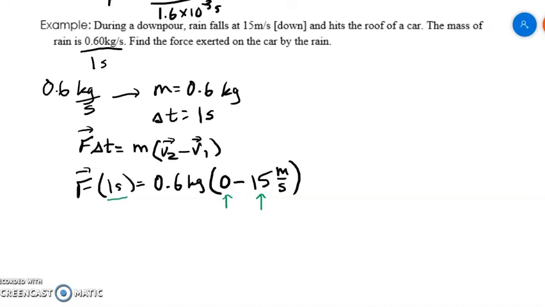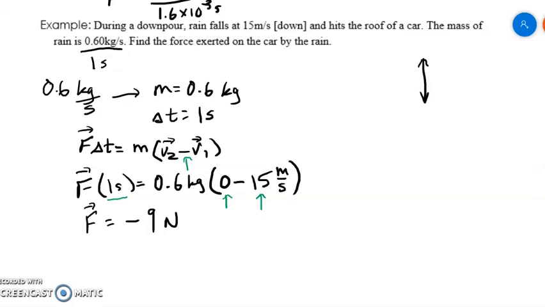Now when you solve for the force, we're just going to do 0.6 times negative 15 divided by 1, and you end up with the force is equal to negative 9 newtons. And this is strange. We need to start looking at directions here. The 15 meters per second that I put in there, I made it positive. If you notice over here, V2 minus V1 is 0 minus 15.